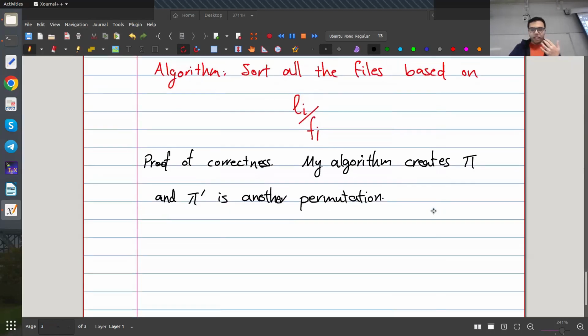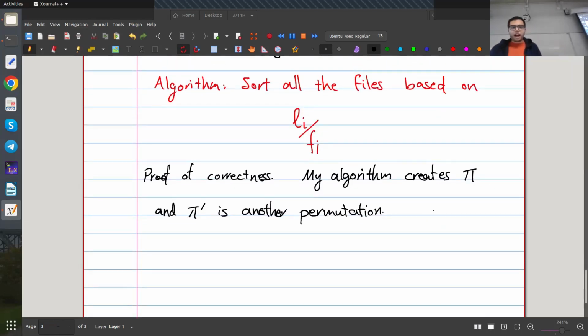Now I do exactly the same thing as before. If P prime is not the same as P, there should be some index in which P prime is not putting the files in sorted order based on this new metric.